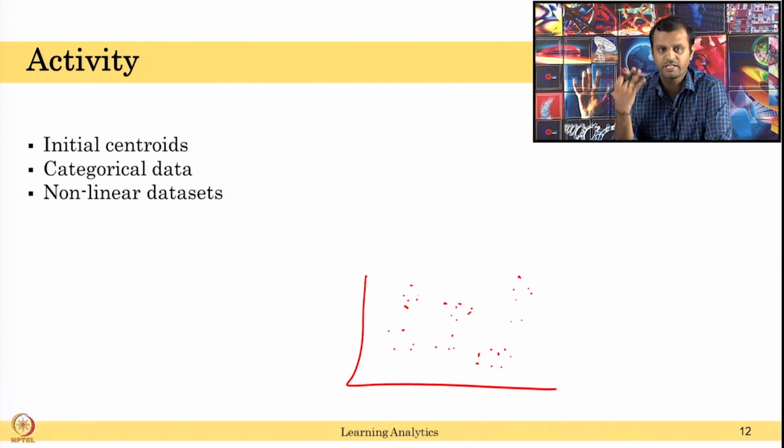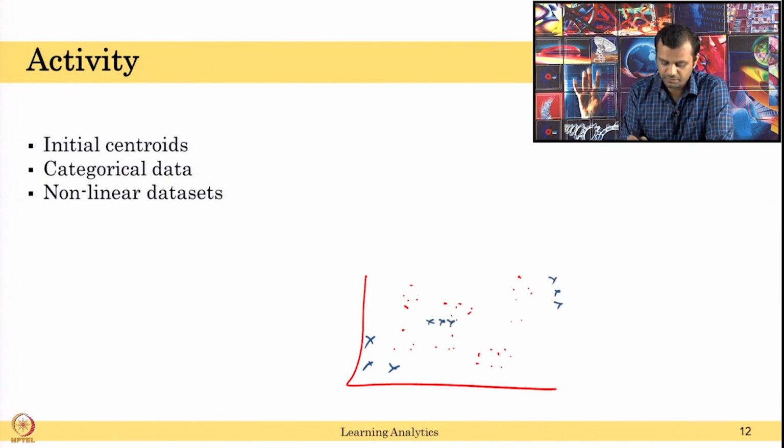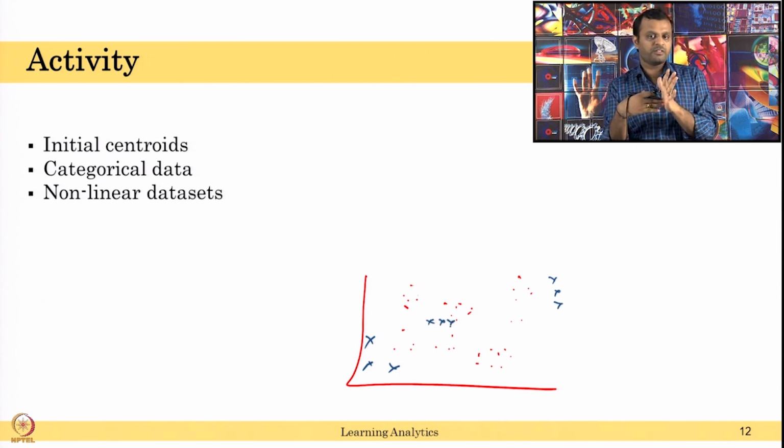I choose 3 clusters, my initial centroids are here, compared to my initial centroids being over here, or my initial centroids being here. Based on where you choose the initial centroid, in the two parameter variable it is easy, wherever you choose it tries to converge to a particular point. But consider it is 4 dimensions or more than that, the initial centroid where you choose centroids matters a lot.